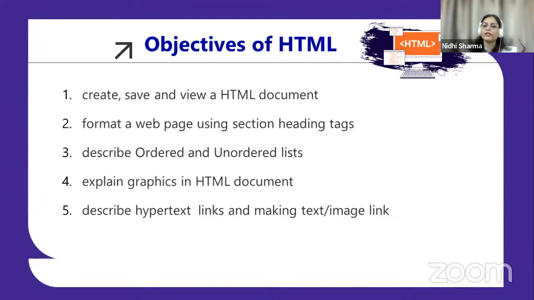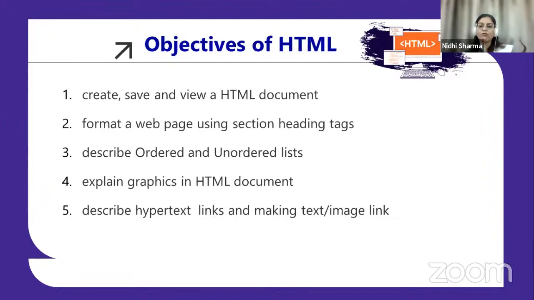We can have different graphics. We can have images, we can have JPG files, we can have GIF files, we can have videos also. So different types of graphics can also be added in the HTML document. We can describe hypertext links, hyperlinks. Using hyperlinks, we can move from one web page to another web page.